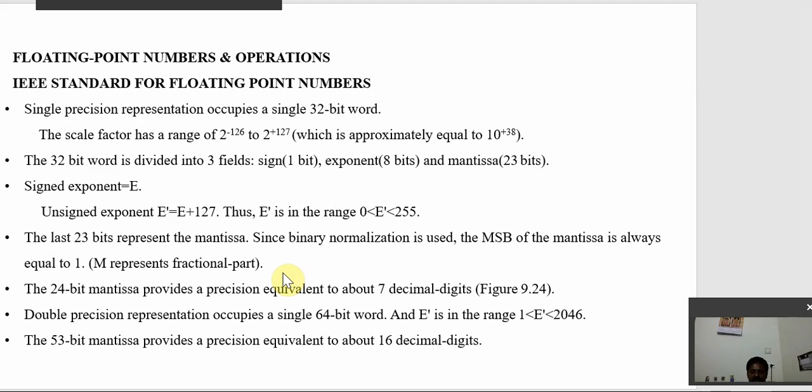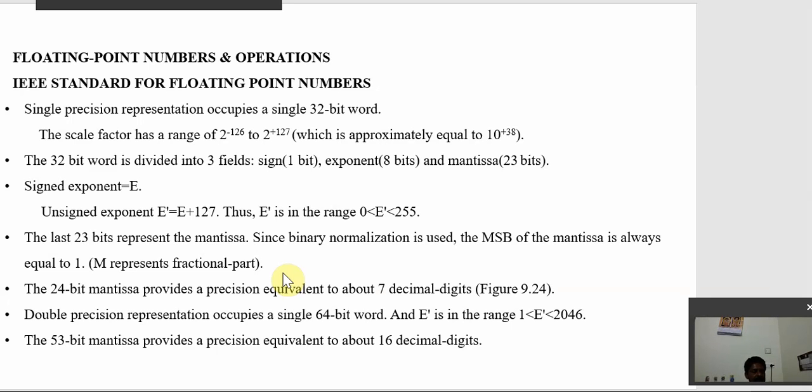So M always represents the fractional part. The 24-bit Mantissa provides a precision equivalent to about 7 decimal digits.